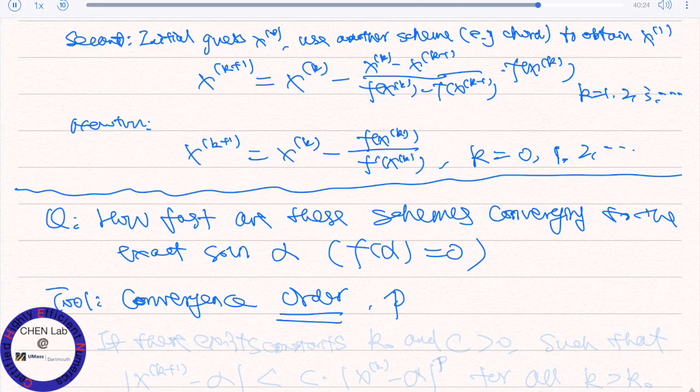If there exists a constant C, a positive constant C, such that I'm going to write it like the following.